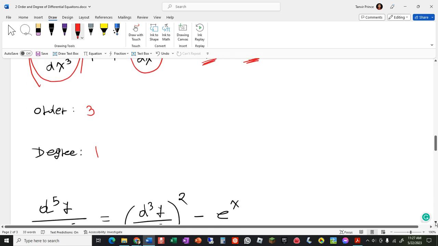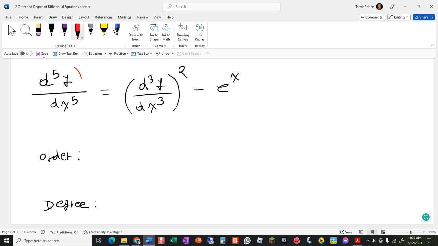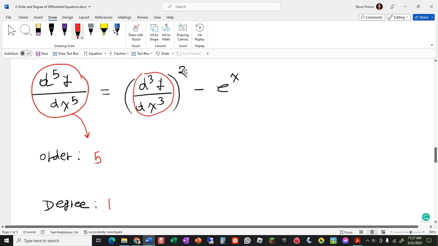Let's look at the next example. Here, the highest derivative is 5. I see a fifth derivative and the third derivative. Of course the 5 is the highest derivative, so the order is 5. And again, the degree is 1. We do not look at the 2 because that is not the highest order derivative. The highest order derivative is 5, and the exponent here is 1.